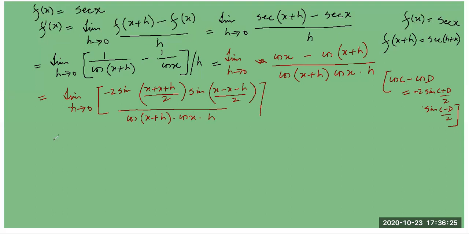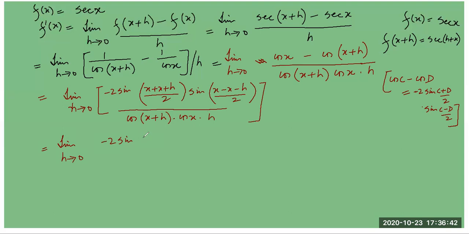Good. This is equal to limit h approaches 0, minus 2 sine of (2x plus h) by 2.